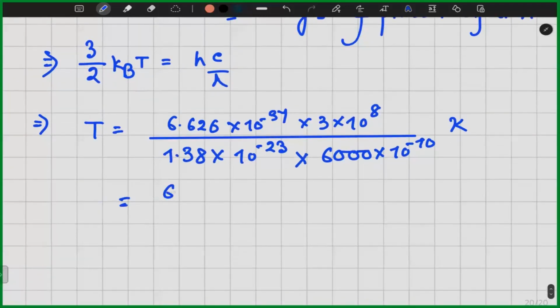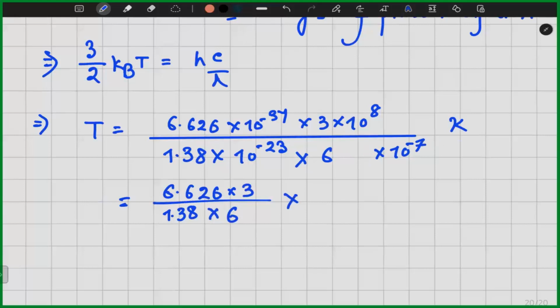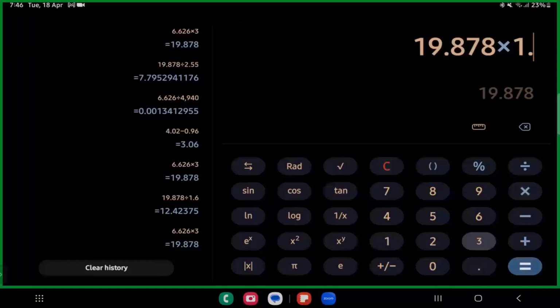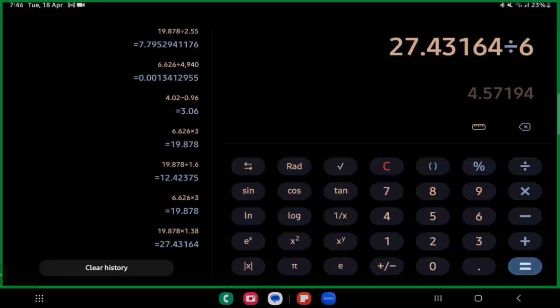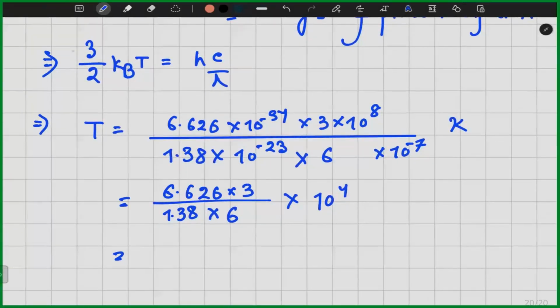So it is 6.626 into 3, divided by 1.38, and the 3 will cancel out.